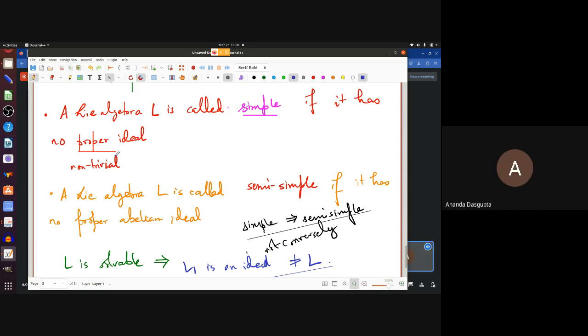For abelian groups, suppose you have a non-zero abelian group, its L1 is 0, right? It's an ideal, but that ideal is actually the trivial ideal.